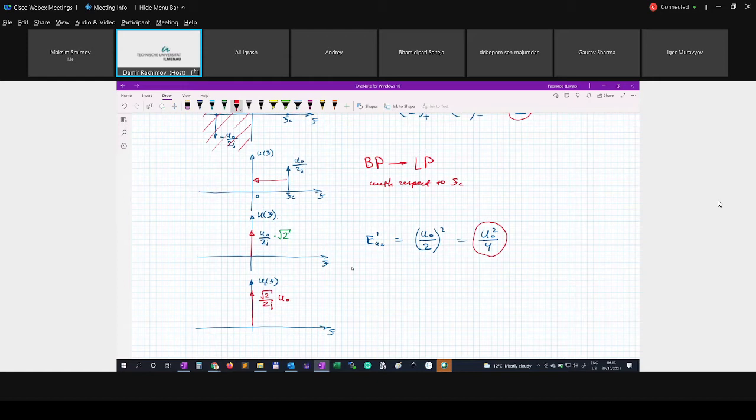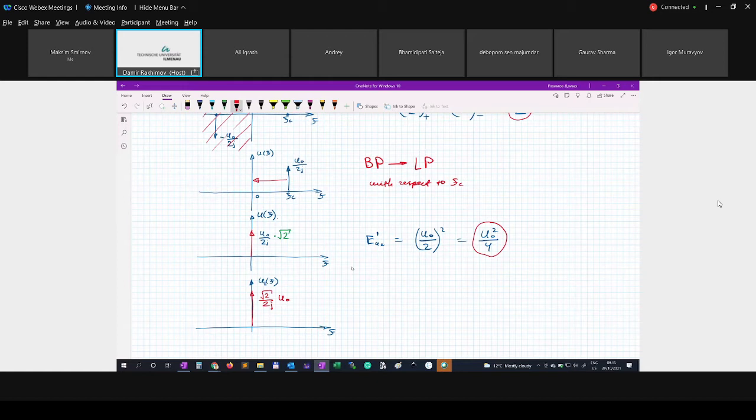The transformation should not change the energy of the signal. So if you take the signal in the low pass range, it must have exactly the same energy as it would have in the band pass range. And in order to ensure that energy stays constant, we multiply by square root of 2.